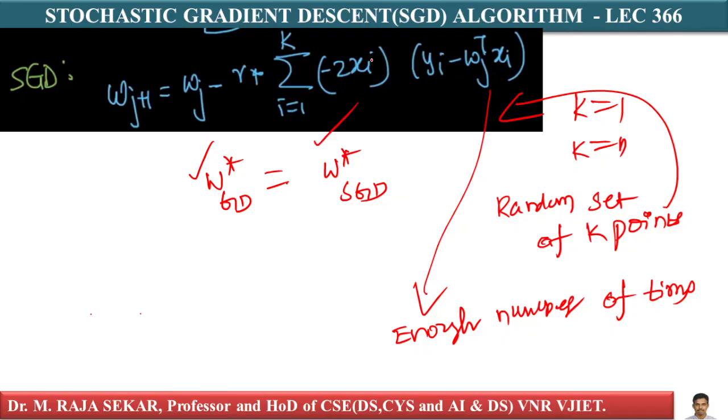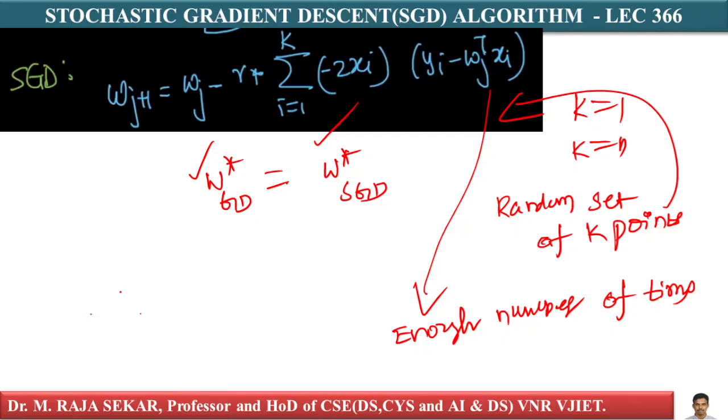Of course, there are some mathematical conditions under which this is always true. Don't worry about the deep mathematical proof of it. It says, if you pick k points randomly from the total data set of n points, you do the summation over k points, such that k could be anything from 1 to n.